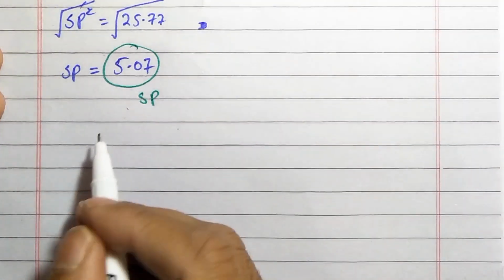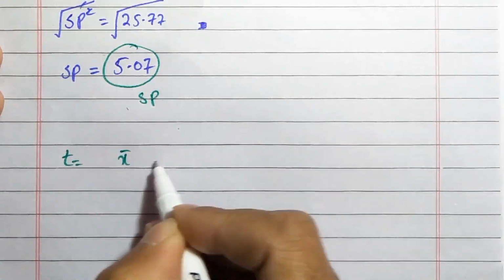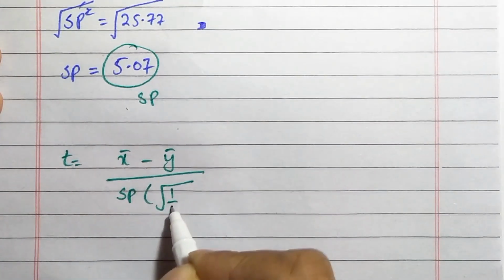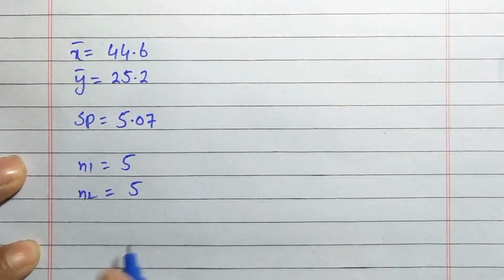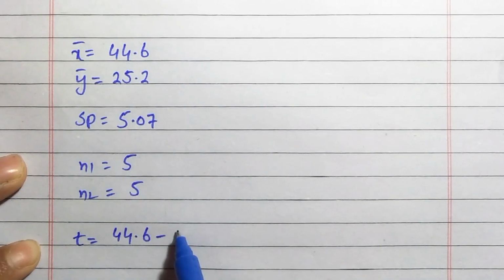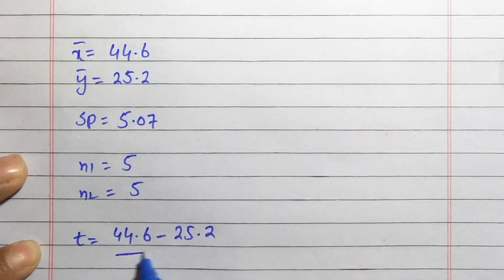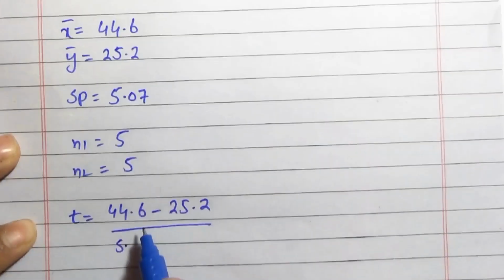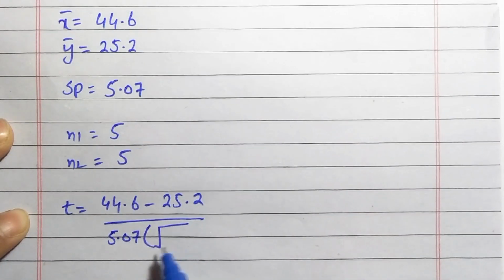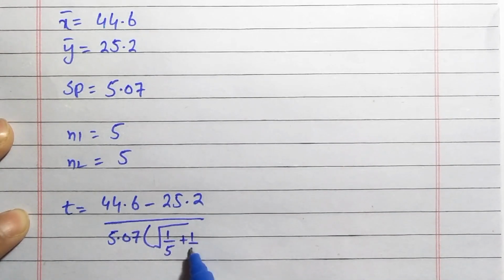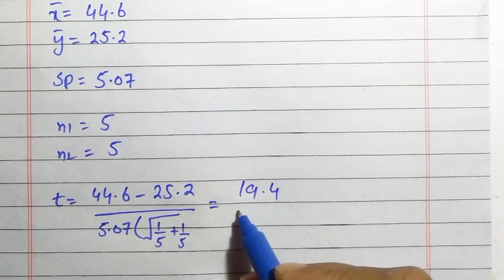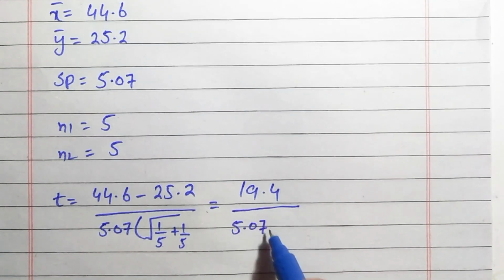Now we are going to put all the values in the t formula. t is equal to x bar minus y bar divided by Sp into the square root of 1 over n1 plus 1 over n2. We already calculated all these values. t is equal to 44.6 minus 25.2 divided by 5.07 into the square root of 1 over 5 plus 1 over 5, which is 19.4 divided by 5.07.